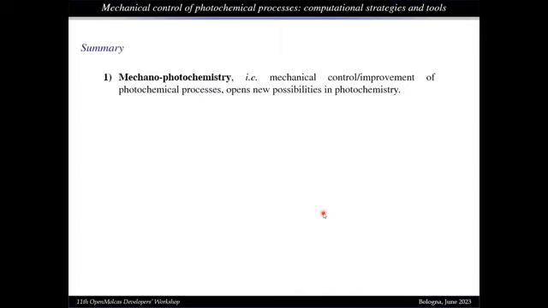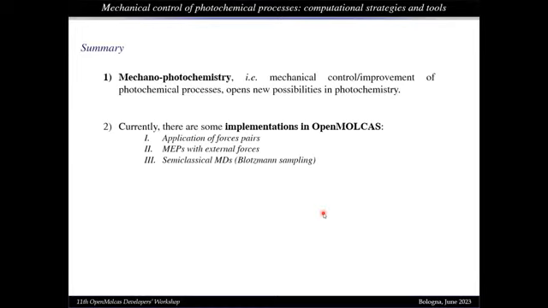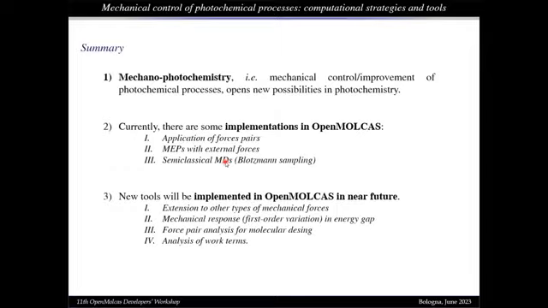Okay, so in summary, I think that the implementation of mechanical forces can provide new possibilities in the control of photochemical processes and photophysical properties of systems. Current implementations in OpenMOLCAS are the application of force pairs. We can do minimum energy paths or perform semi-classical molecular dynamics, non-adiabatic molecular dynamics, including Boltzmann sampling.